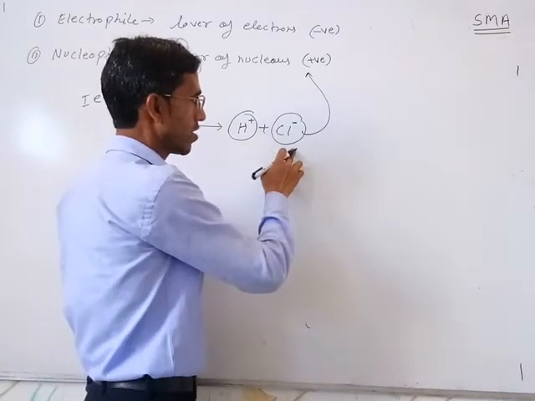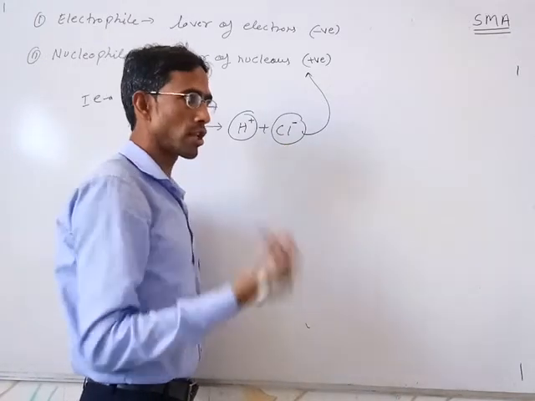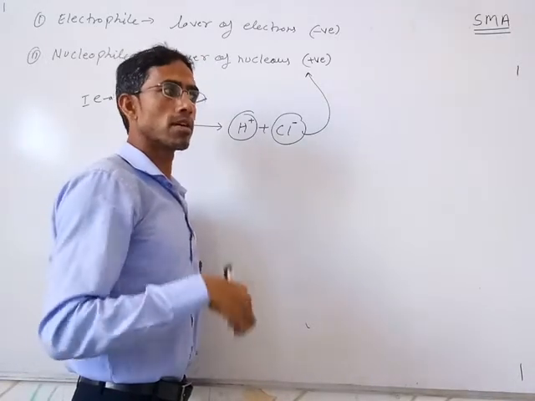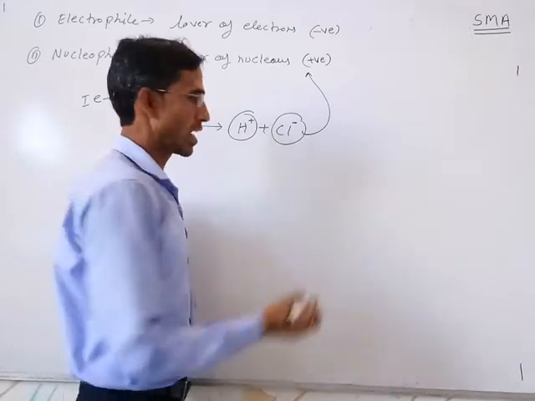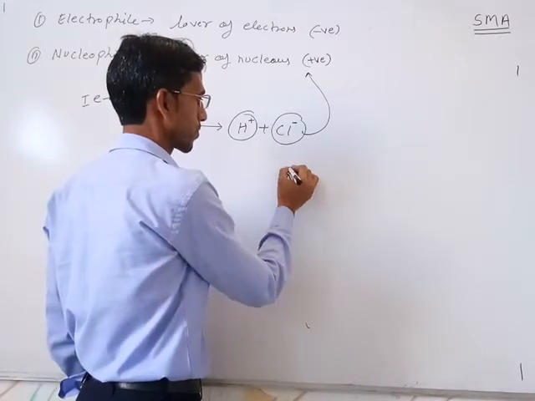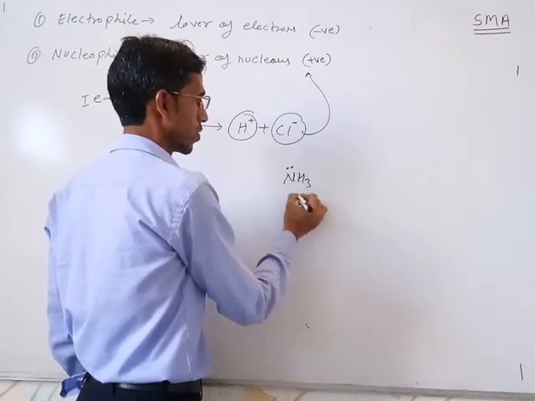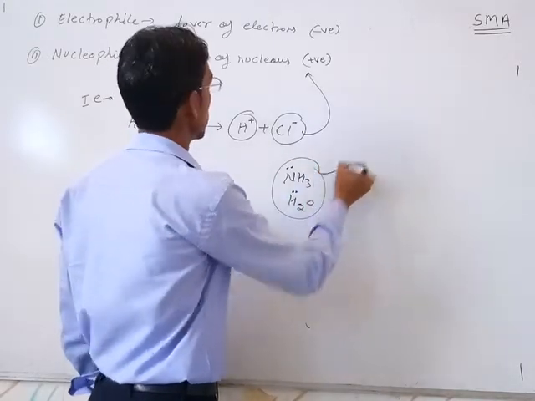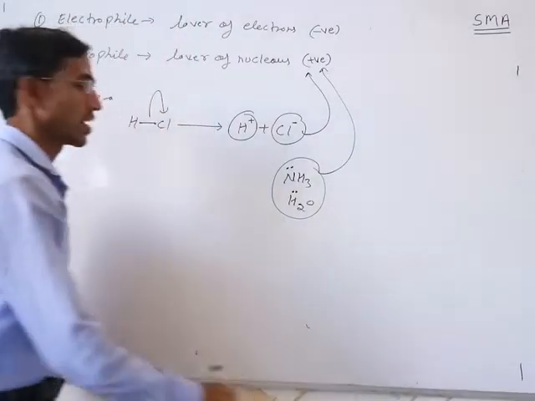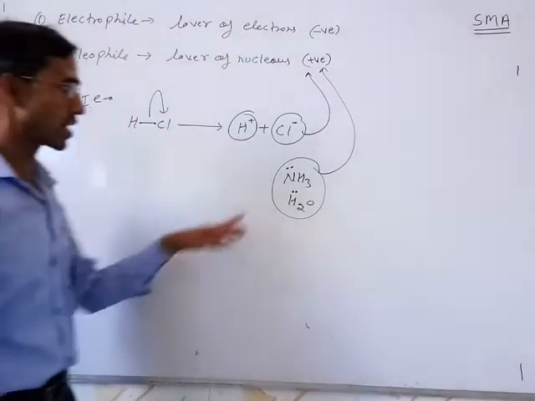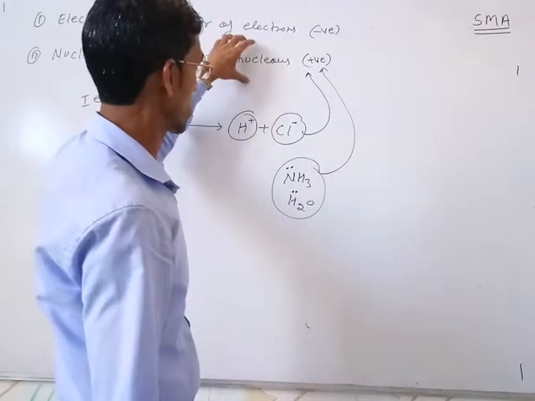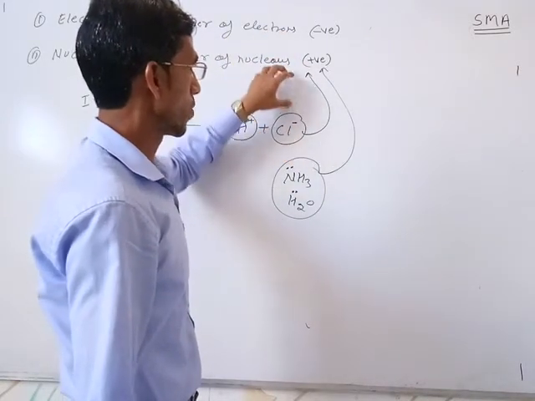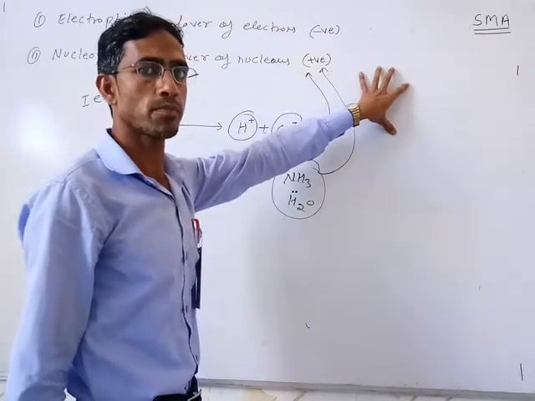So all negatively charged species, or those species which have a greater quantity of electrons, like NH3 and H2O, if they act as attacking reagents, are known as nucleophiles, because they attack those places which are electron deficient. Positive and negative react with each other and form a stable neutral compound.